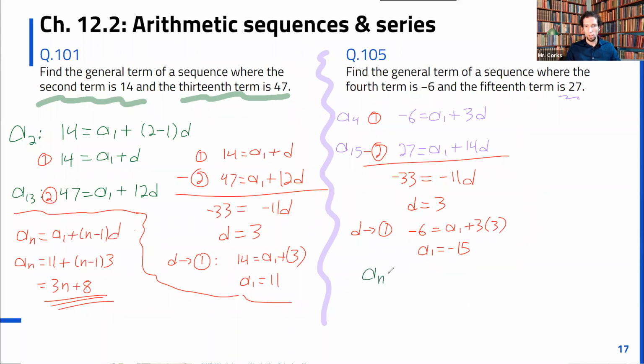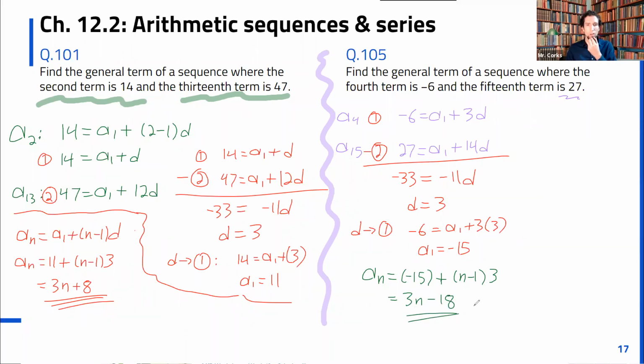So an is equal to a1, -15, plus n minus 1 times our d value, which is 3. Okay, so the n is going to be 3n, and then we have -15, and we will be subtracting 3, -1 times 3, so -18.